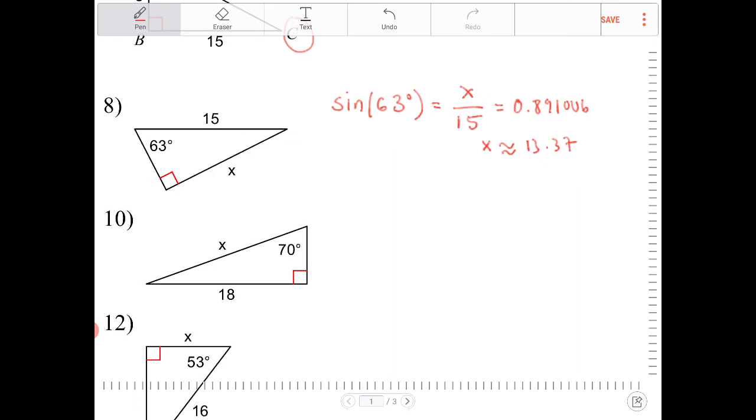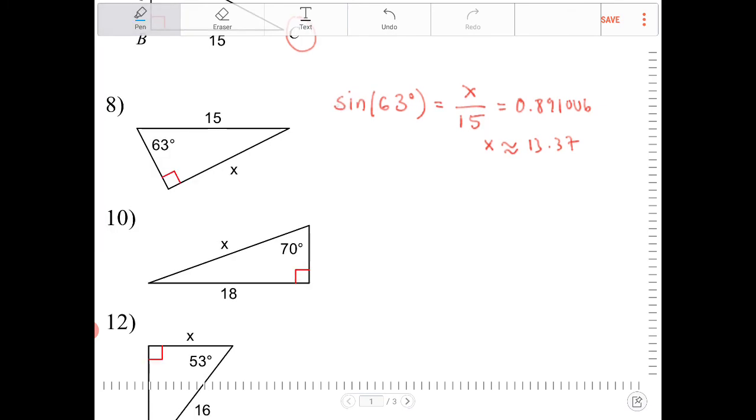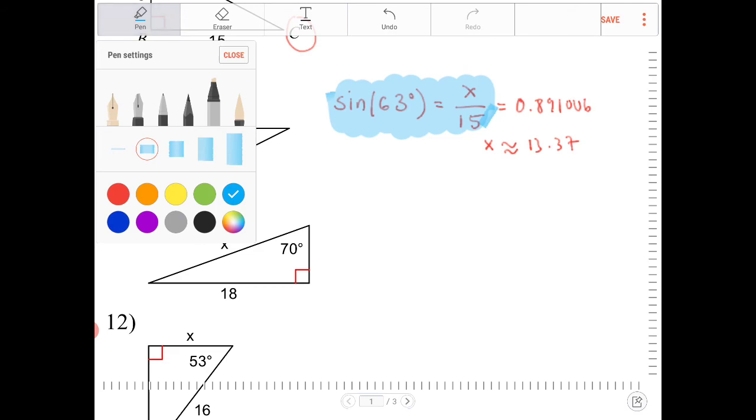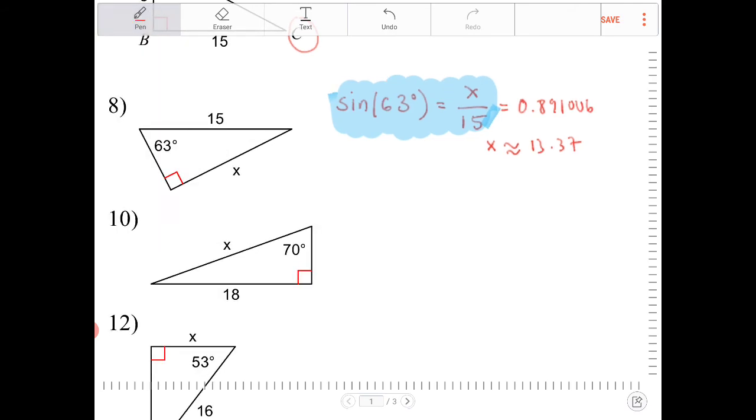Now, I just want to make an additional comment, okay? There's something else that you can do rather than breaking it up into so many intermediate steps. What you can do in this step here is we can cross multiply by 15, and if we do, we'll end up with x is equal to 15 times sine of 63.